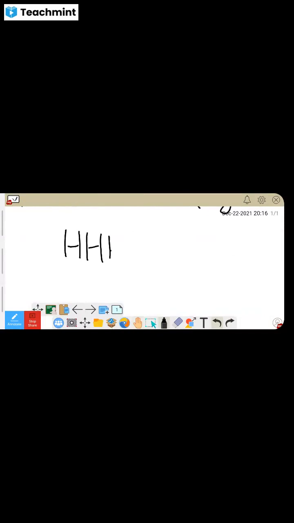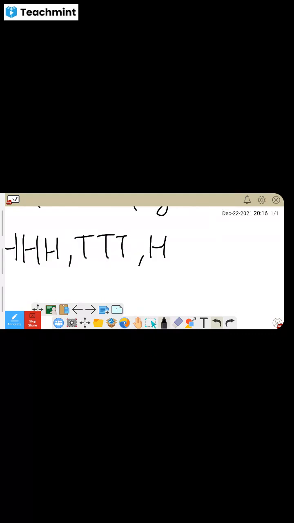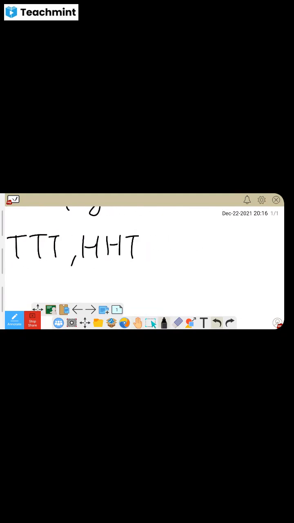All possible outcomes will be: it can have head on all 3 and tail on all 3, and 2 heads and 1 tail. There are 3 conditions for 2 heads and 1 tail, like this, and one more.